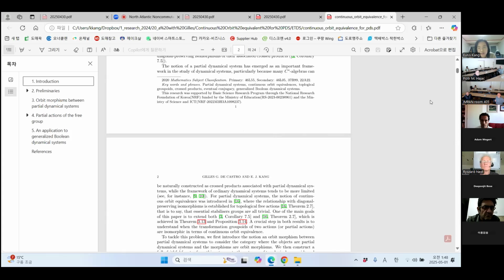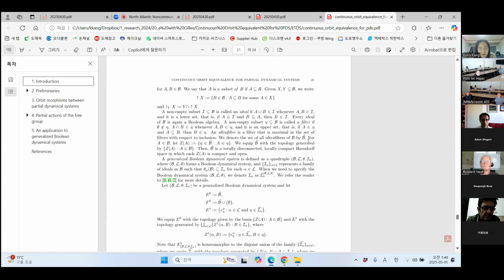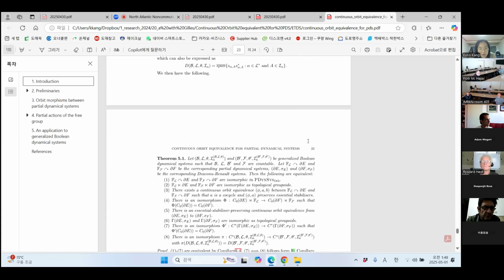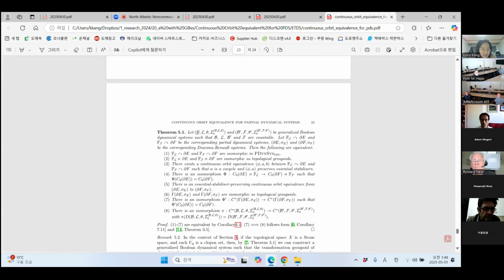Can you see this? Yeah, it's fine, we see it. The idea is, here is an example, but it's very difficult to explain now, but shortly. Here is a Boolean algebra. I think you have to enlarge the page because it's impossible to read.